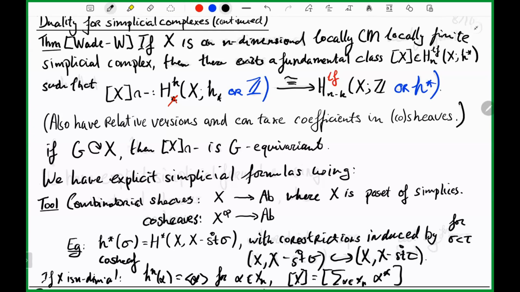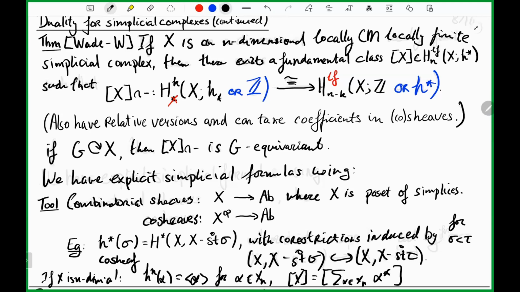Don't you need some sort of orientation? Isn't there a choice you're making for each simplex, an orientation or something? Yes, that's true. The reason I'm a bit slow to answer is that it's true at this level.